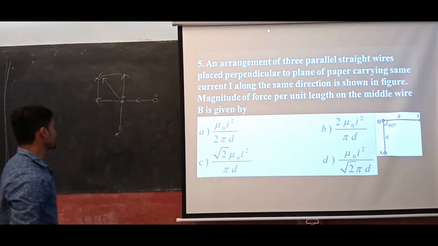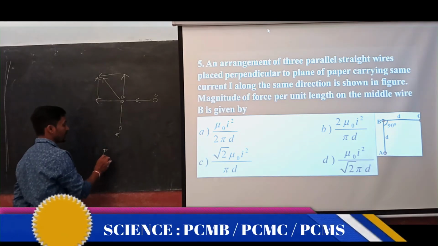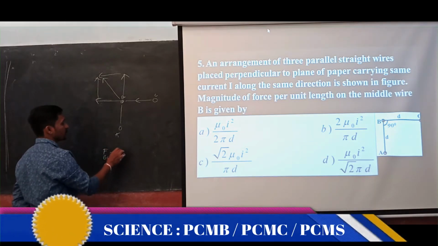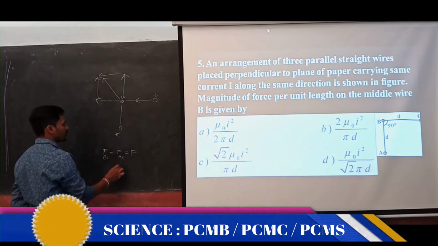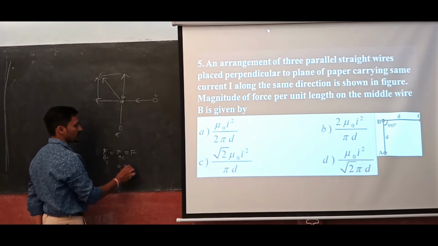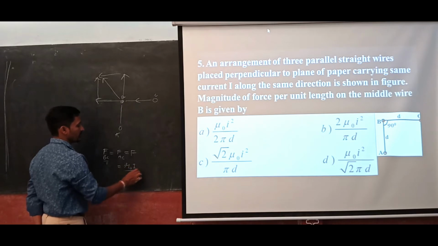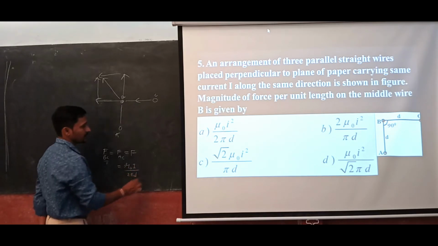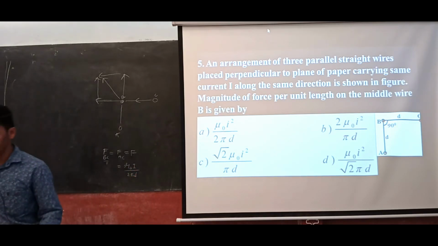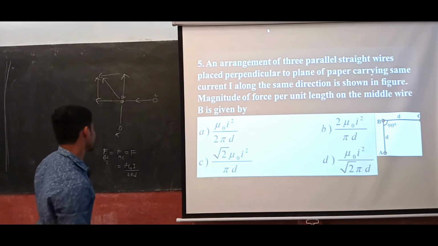So actually what is the force? The force on B by C, which is equal to the force on B by A, will be the same, that is F, which is equal to force per unit length only, isn't it? What is that? Mu naught I divided by 2 pi d. That formula, mu naught I divided by 2r, the distance.